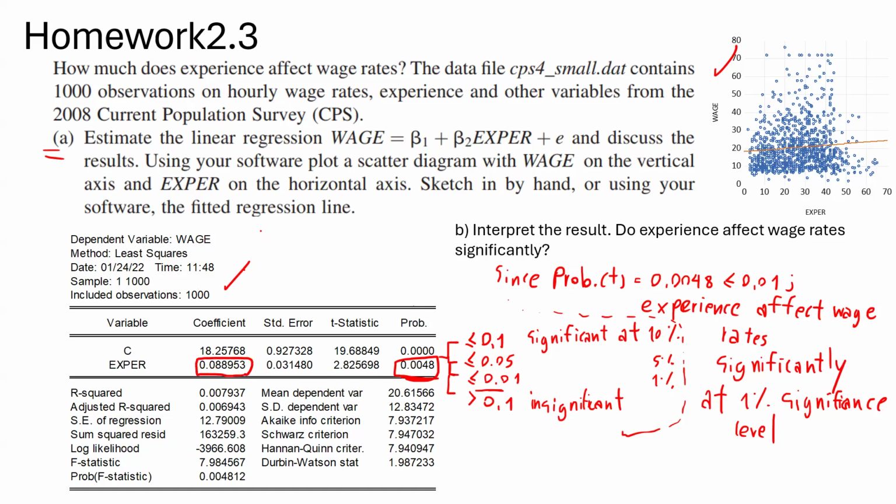So the estimated equation is wage equals 18.25 plus 0.08 experience, which means that if experience increases by 1 year, the wage will increase by 0.08 per hour, hourly.